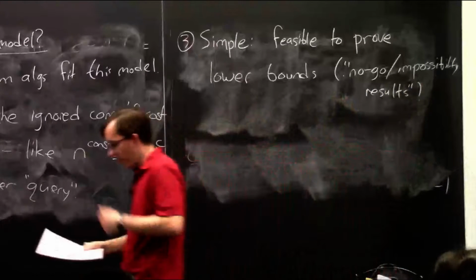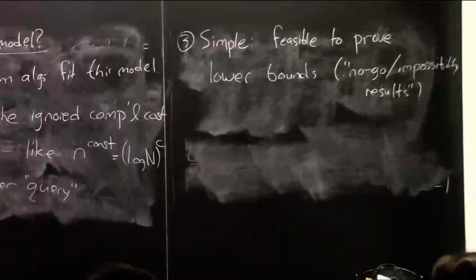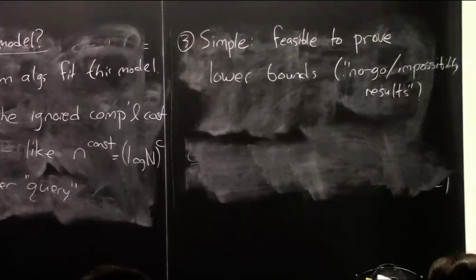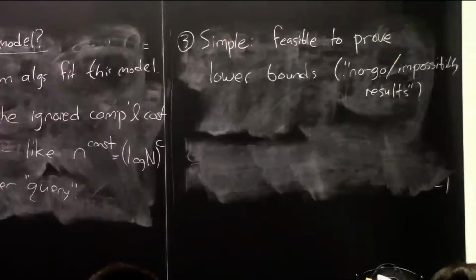If you know a little bit about computational complexity theory, you know that we're extremely terrible at proving any kind of negative results about the power of algorithms. We cannot even prove that P does not equal NP, that there's no polynomial time algorithm for the SAT problem, even though it really seems true.